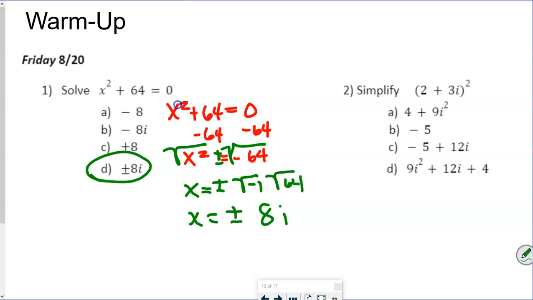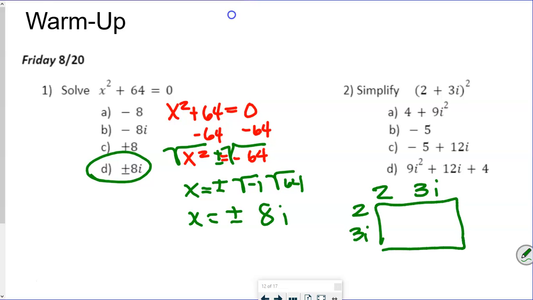Okay, and then when we do this one, I'm just going to use the box method. 2 and 3i up here, and 2 and 3i down here. So 2 times 2 is 4, 2 times 3i is 6i, 2 times 3i is 6i again, 3i times 3i is 9i squared.